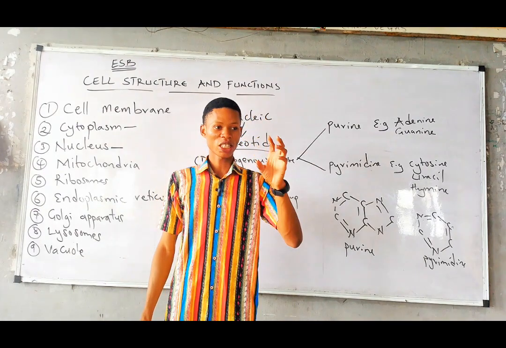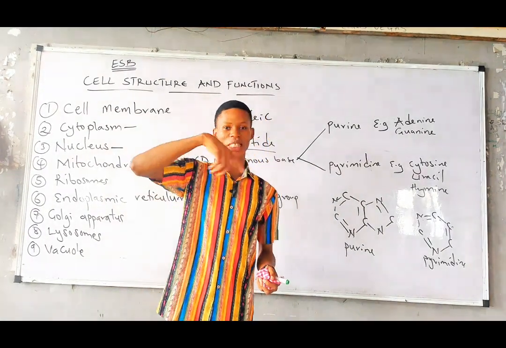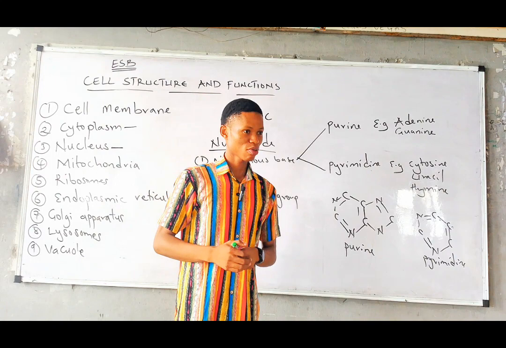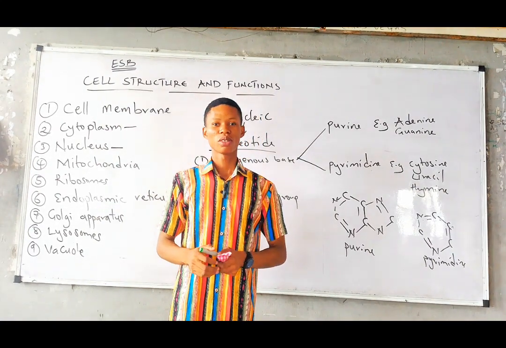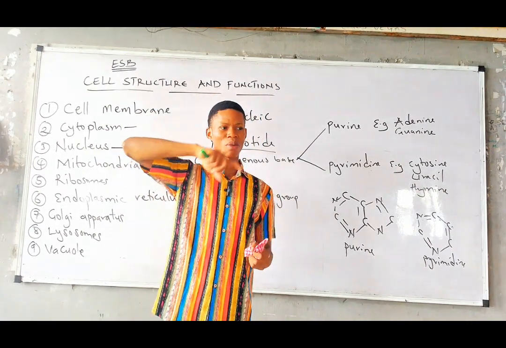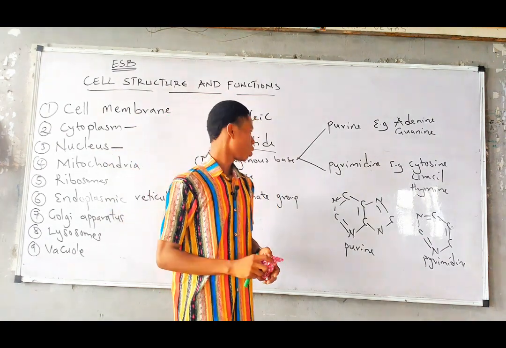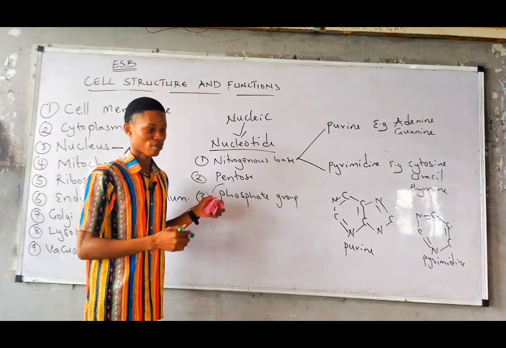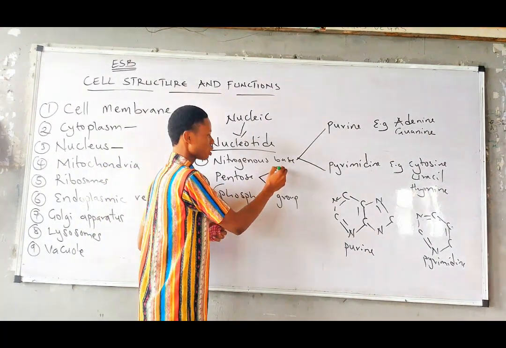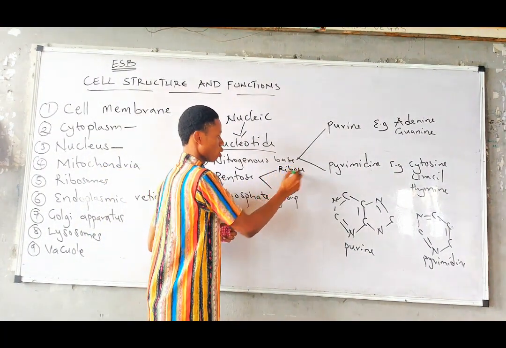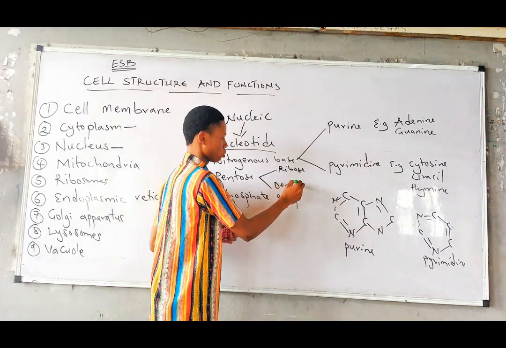And don't also forget that there is a fluid found in the cytoplasm called cytosol. Good. And what serves as a semi-permeable membrane around the cell? The cell membrane, right? Alright, so the pentose sugar here can either be ribose or deoxyribose.